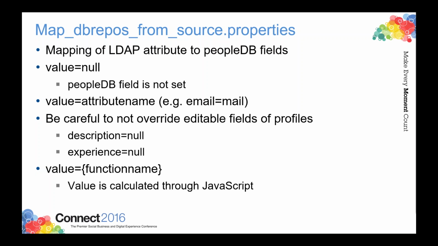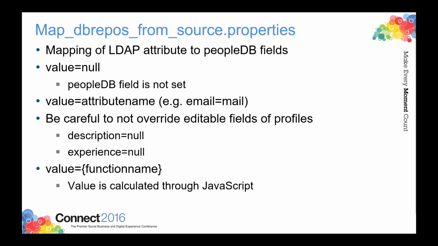And when you use a function name in curly brackets, you can use JavaScript to change some things which you get from the LDAP and write something else to the database. I use this, for example, within Active Directory, where the description field is often used as a common name field, and Microsoft made some changes in the last years where the full name is stored as last name, comma, and given name.